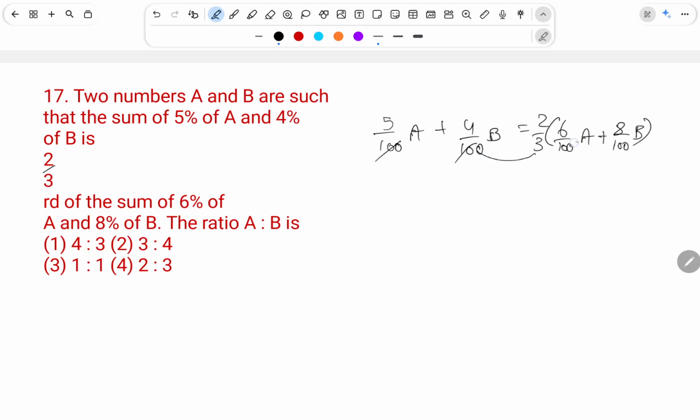Everywhere 100 gets cancelled. 15A plus 12B is equal to 12A plus 16B. Then 3A is equal to 4B. So A is to B is equal to 4 is to 3.